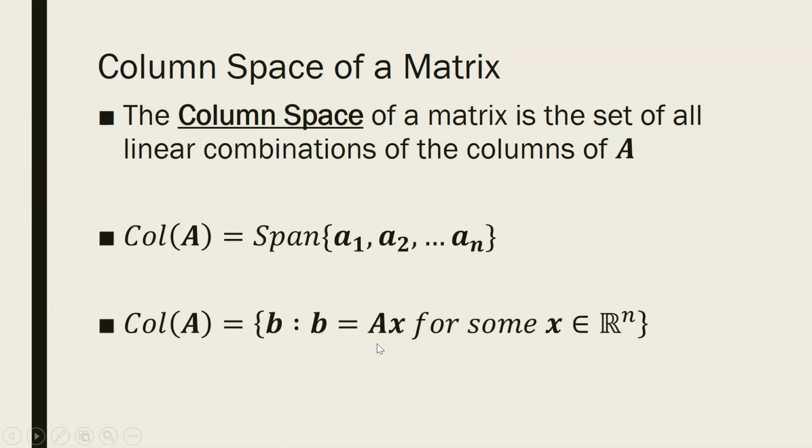So the column space, it's the span of the vectors, and again, these vectors are supposed to represent the columns of A. So any linear combination of the columns of A is in the column space.